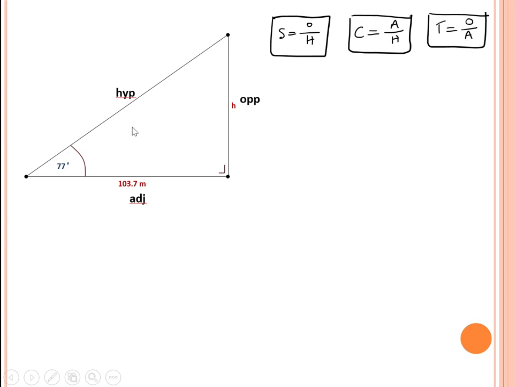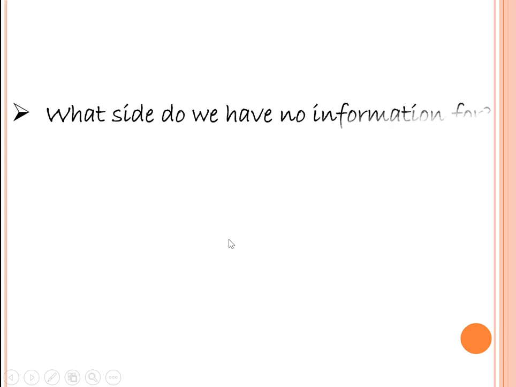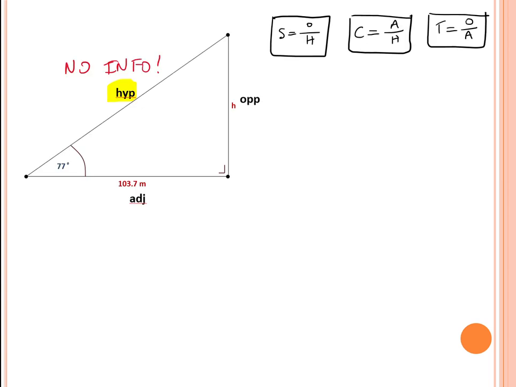And we say to ourselves, which side has no information? The side that has no information is the hypotenuse. So you can see that is in the silly old Harry ratio and the caught a herring ratio, the two H's there. That means that they're both eliminated now. Bye-bye.